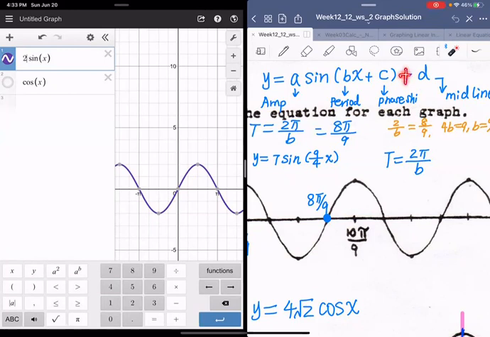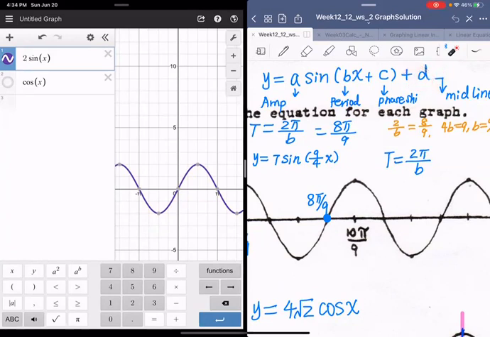Next, this guy. For algebra 2, we learned about horizontal shift, horizontal compression, horizontal stretch, vertical compression, vertical stretch, vertical shift. So that guy is a vertical shift.